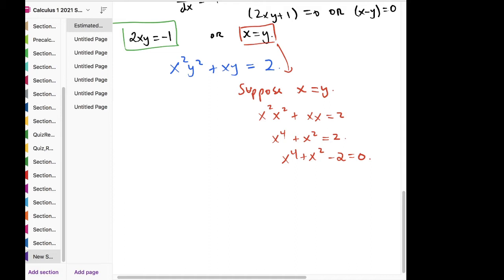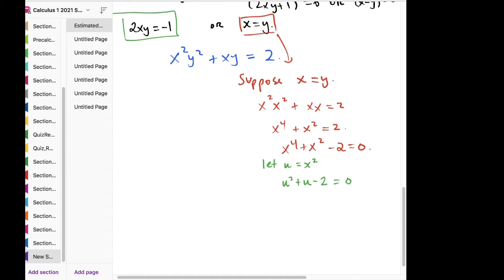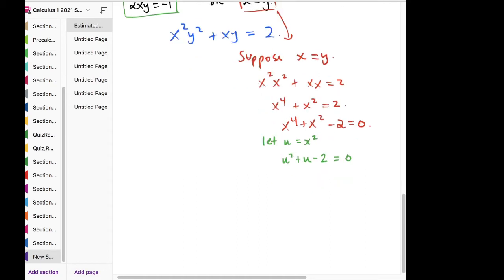Maybe. Do you remember? Yeah, it's a quadratic. So you could do it straight from here, but if you like the intermediary step, you can let u equal x squared, and then you have u squared plus u minus 2 is equal to 0. So maybe that's easier to see how it's factorable. So what's that factorization?